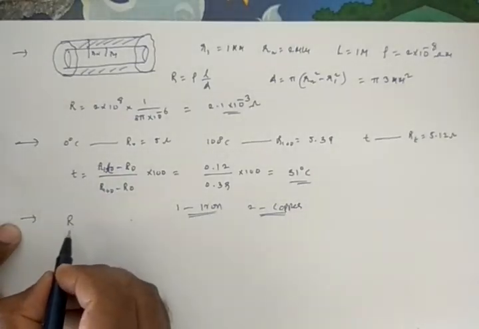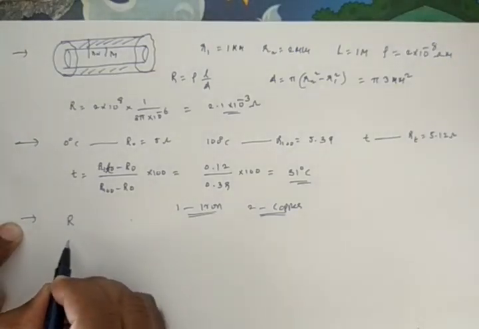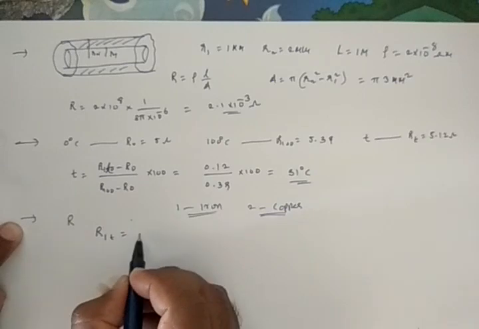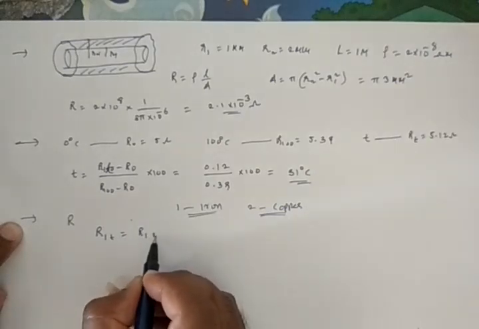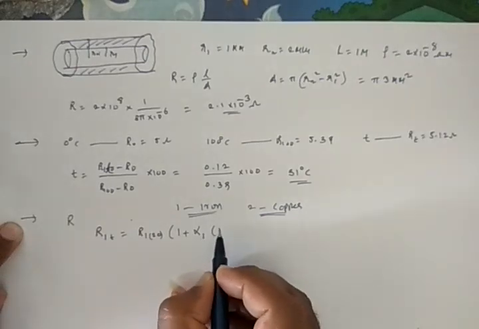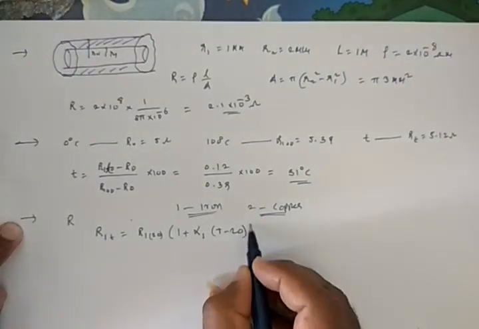Then you can write R1 at temperature T equals R1 at a reference temperature 20 into 1 plus alpha 1 into T minus 20. This is the equation.